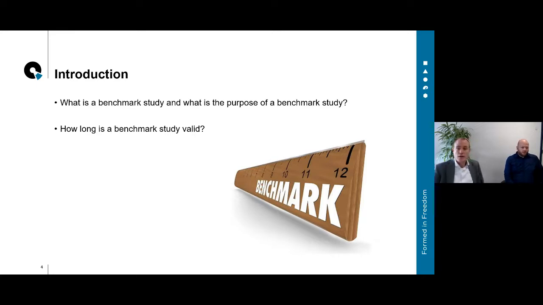Indeed, the benchmark study validates which pricing can be used, and this is also interesting for tax authorities to know that profits are not shifted from one country to the other without terms that are in line with business.